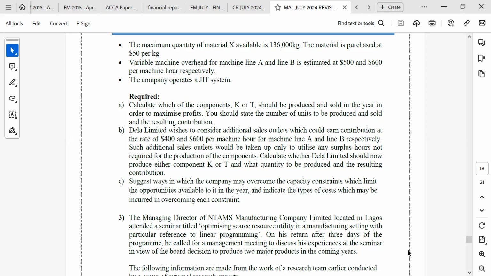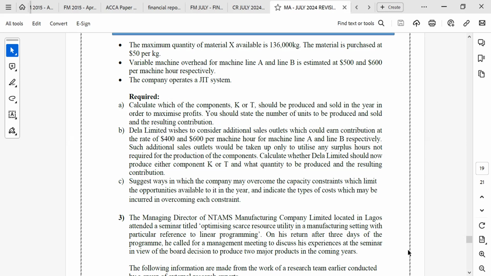We want to produce all of the demand available, so there will not be any sacrifice. But what we have to do is look for alternative sources to get the material, and we also have to acquire additional machines on each of the lines to expand the hours available there.